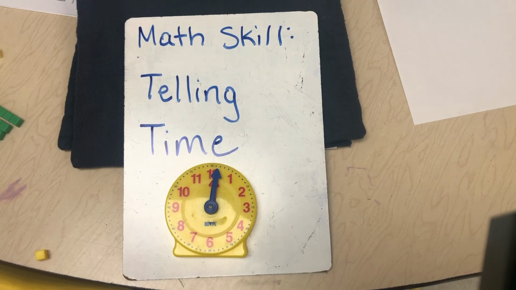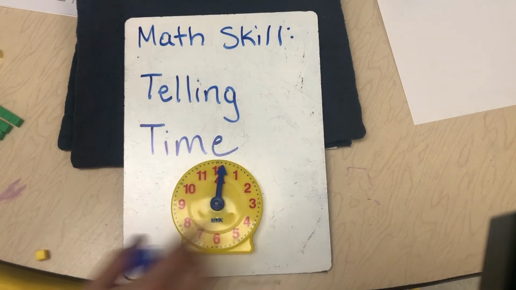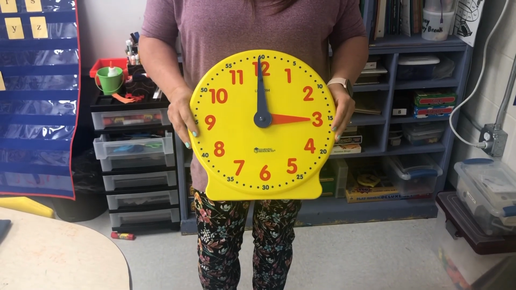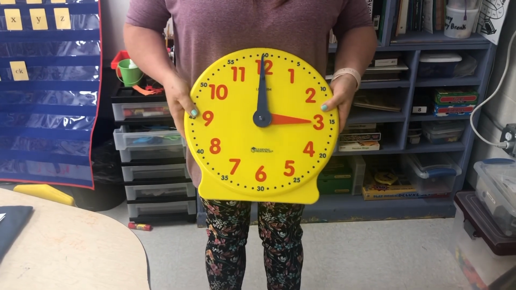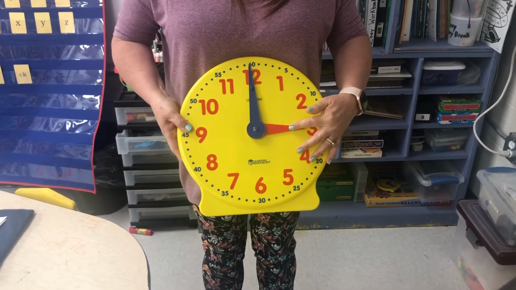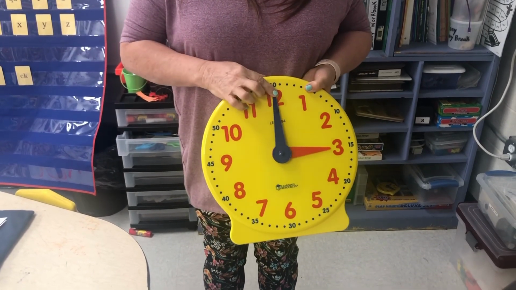We are now going to move into our math skill of telling time with Mrs. Boutwell. Make sure you get your little clock out of your kit. These are the clock activities that we work on every day. We go over the hands on the clock. We talk about the short hand is the hour hand and tells what hour we're in, and the long hand is the minute hand.